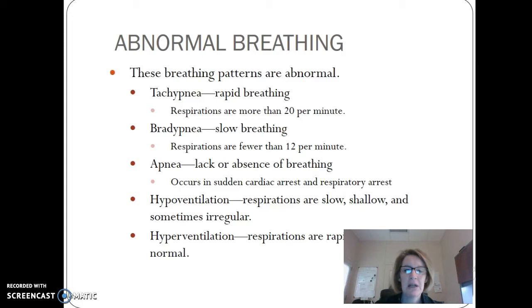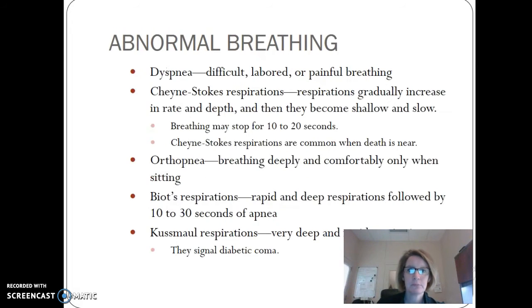Hypoventilation: slow, shallow, sometimes irregular respirations. Hyperventilation: respirations are rapid and deeper than normal. We can have dyspnea, difficult, labored, or painful breathing. Cheyne-Stokes respirations increase in rate and depth and then become shallow or slow. And again, in our respiratory section, I had demonstrated what some of those respirations might look like.